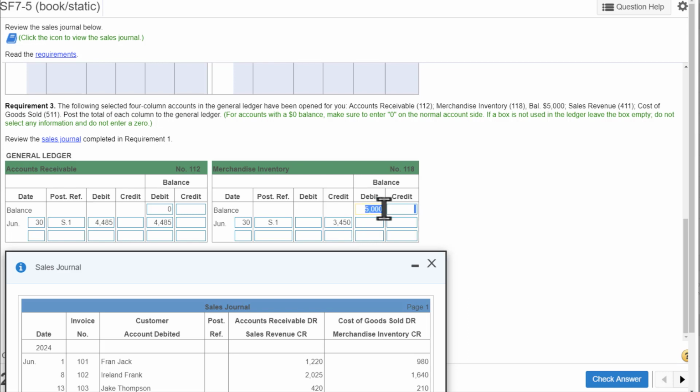Now the previous balance was 5,000. Crediting inventory lowers it. So 5,000 minus 34.50 gives us a new balance of 4,965.50. Again, I got this new balance by taking 5,000 minus 34.50.